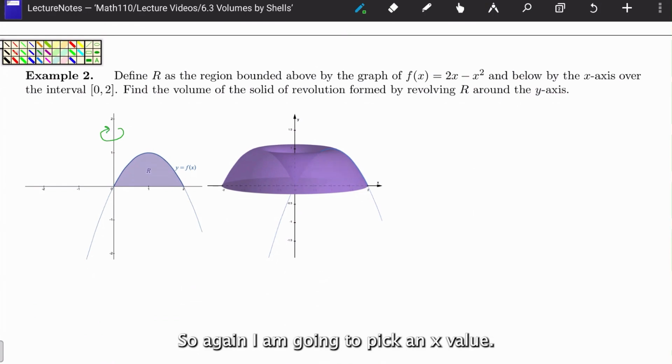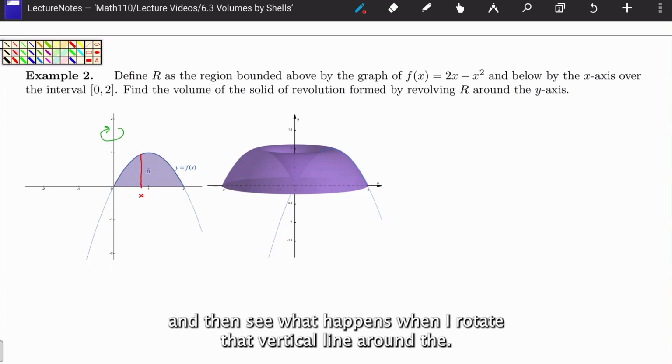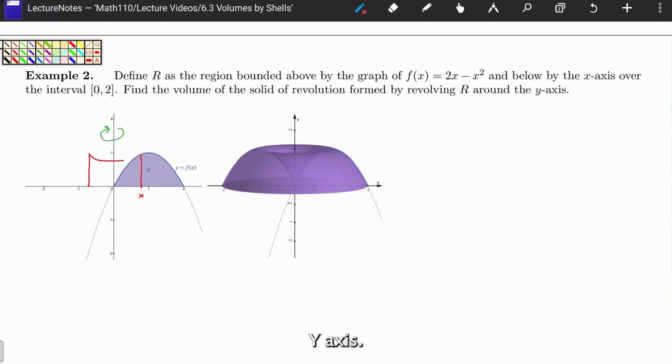I am going to pick an x value in that interval, and I am going to draw a vertical line and then see what happens when I rotate that vertical line around the y-axis. So that's going to give me a cylinder that looks like this.